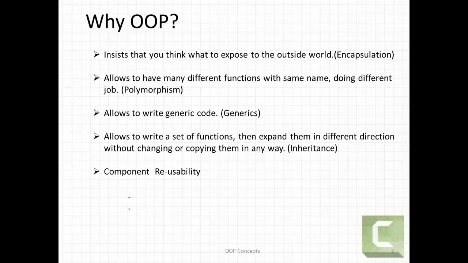That you can do in OOP. Whatever properties you have in the parent object will be inherited by the child, and the child can have its own implementation also. Because of this inheritance, it enables component reusability. So reusability is a very important feature of OOP.